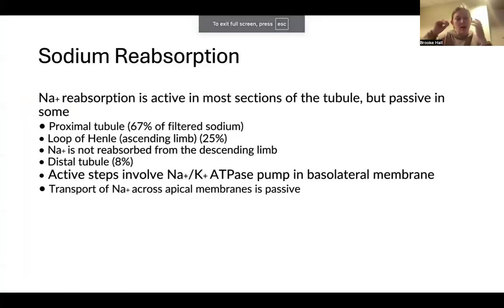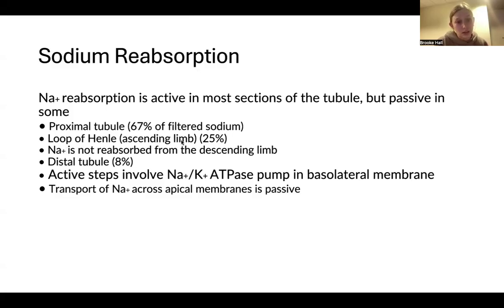So to start off, I'm mainly going to talk about the nephron and the different parts of it, sodium reabsorption, water reabsorption, and everything such as that. Sodium reabsorption is active in most sections of the tubule, but passive in some. The proximal tubule does 67% of filtering sodium.